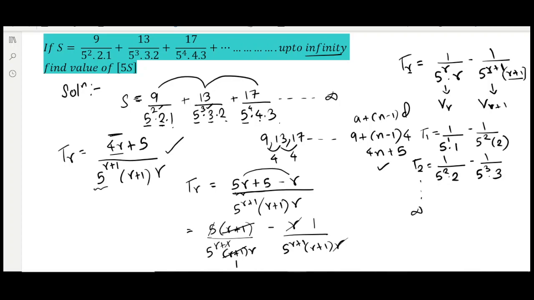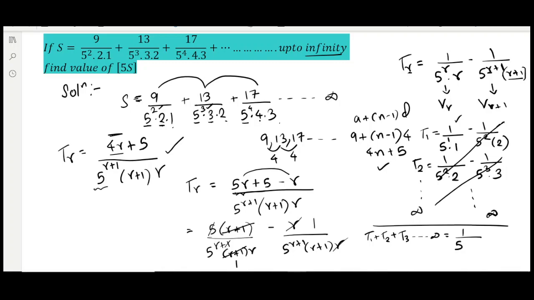If we add all of them, we will get the summation up to infinity. It will start cancelling in this format, and all the first term would remain, and minus the term at infinity that will be tending to 0.